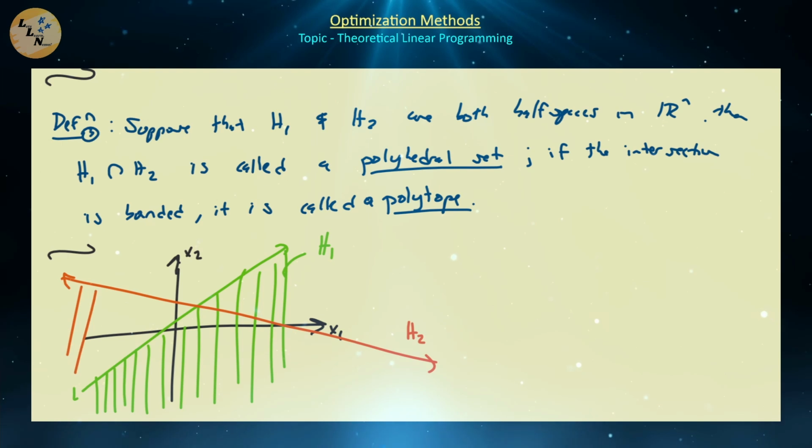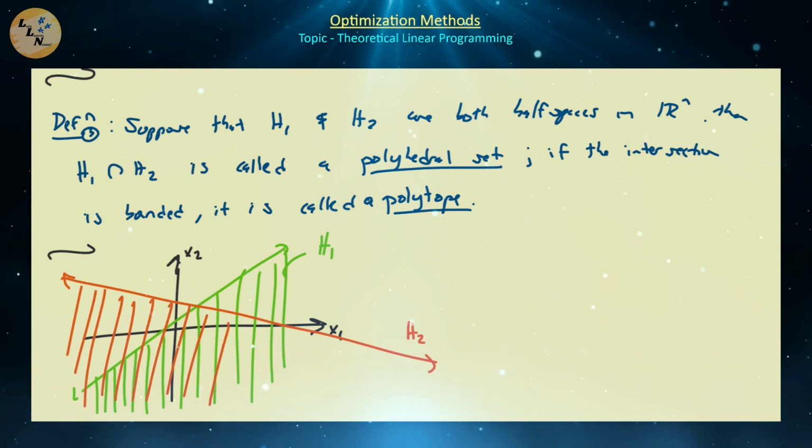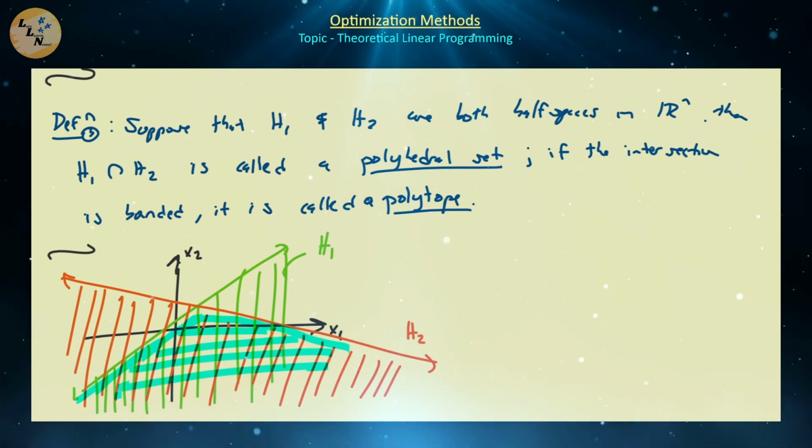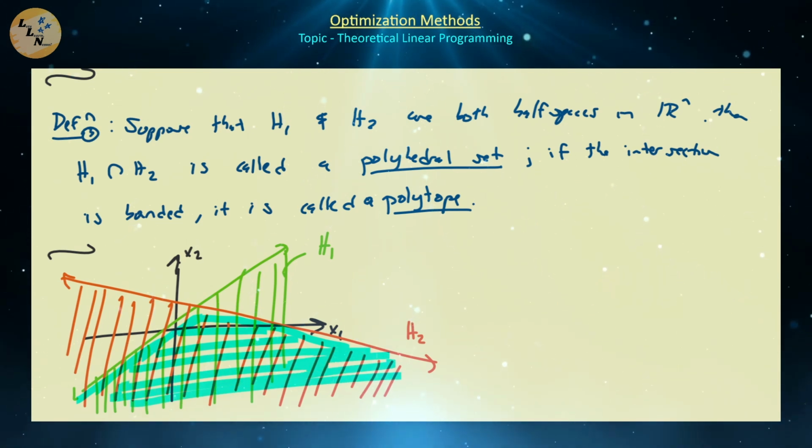And let's assume that this is H2. So where is the intersection of H1 and H2? The intersection of H1 and H2 is going to be this region here, including the orange and green line boundaries. So that is a polyhedral set.